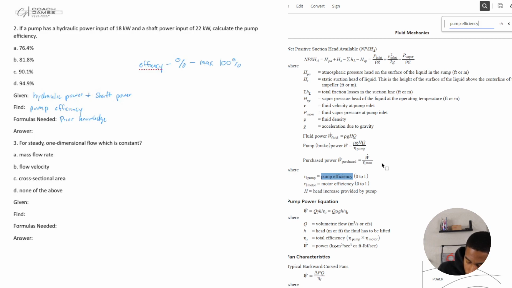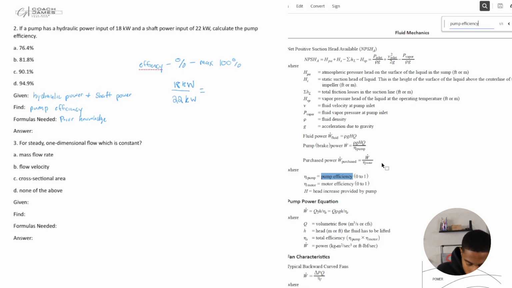And so if the highest it can go is 22 kilowatts and the hydraulic power that's going into it is 18 kilowatts, then I know it's not going to be 100%, but how efficient can it be?